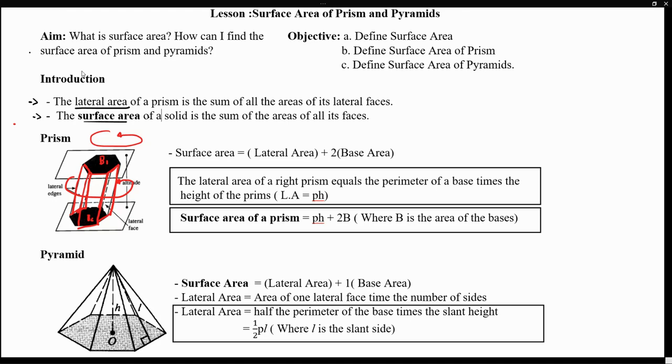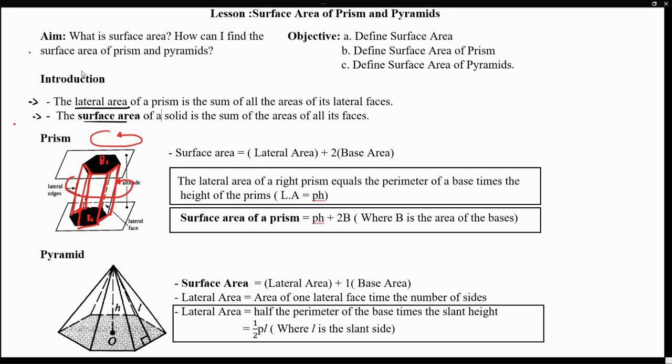And the surface area is all the possible sides of the figure, which in this case is a prism: all the lateral area plus the top and the bottom. So that's what we refer to as the lateral area and the surface area. When it comes to a prism, the surface area is the lateral area plus the two base areas, which is everything that surrounds plus the top and the bottom.